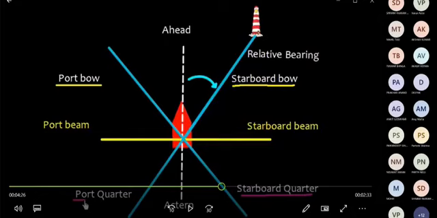So whenever directions are referred to in chart work in relative bearing, whenever they tell you the lighthouse was on our starboard beam, they are giving us a relative bearing of 90 degrees. So whenever they refer the lighthouse was on a port beam, this is again a relative bearing, and port beam is at a relative bearing of 270 degrees.